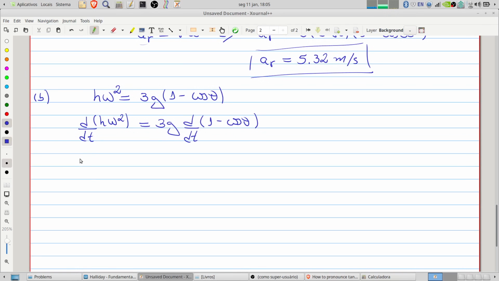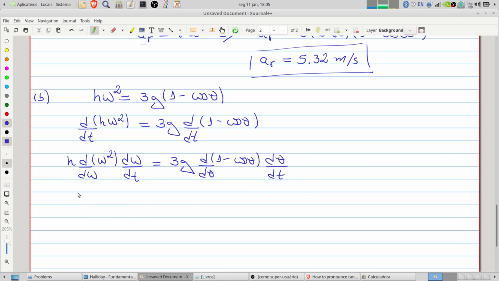That is, h is a constant, so we can take it off the sign of the derivative, and here we have the derivative with respect to omega of omega squared, and the derivative of omega with respect to time. This equals 3g, the derivative with respect to theta of 1 minus cosine of theta, and derivative of theta with respect to time.